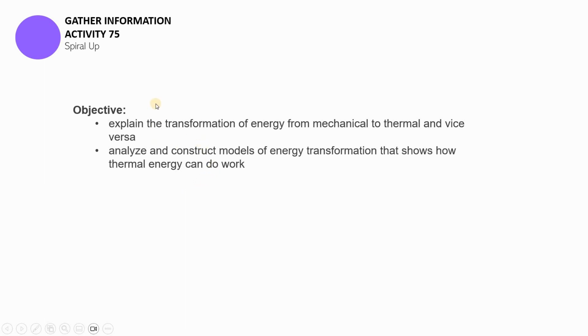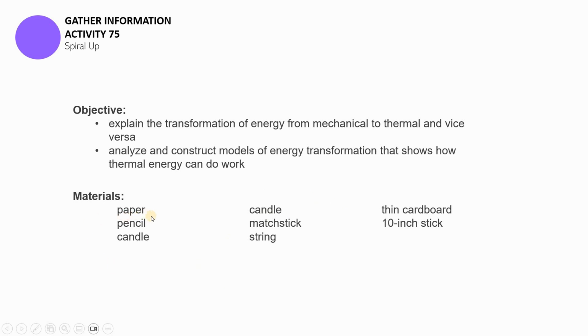Now, the materials you'll be using for this activity are as follows. You'll be needing paper and pencil, preferably for your activity sheets, a candle, a matchstick, string, a thin cardboard, and a 10-inch stick.